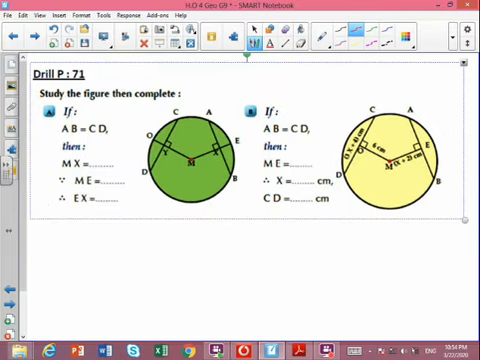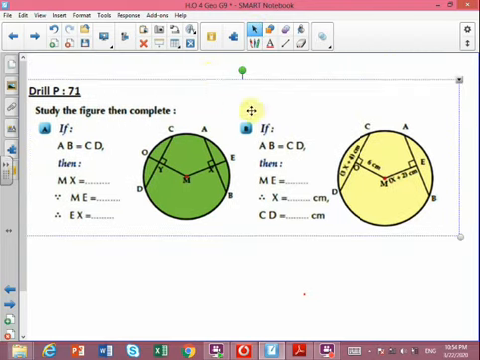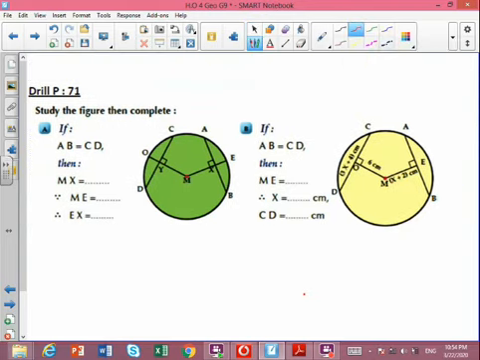Let's see this drill. Study the figure and then complete. He told me here if AB equals CD, so the two chords are equal. Then complete MX, and as we see here, this is the perpendicular distance, and MY is the perpendicular distance. Then MX will be what? Excellent, it will be equal to MY. Since ME is equal to what?